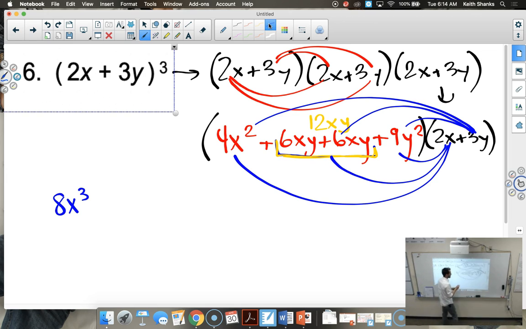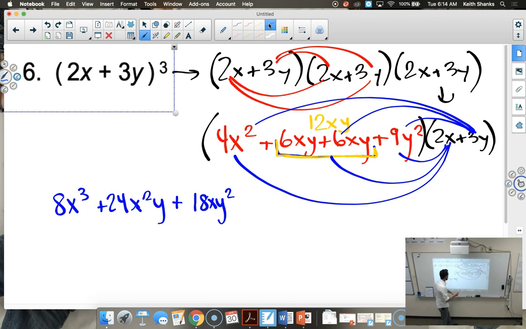Then you've got 2x times 12xy, so that's 24x squared y. And then this last one plus 18xy squared. That's the 2x going through.